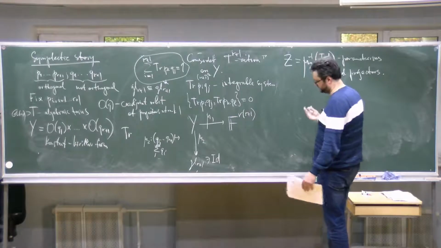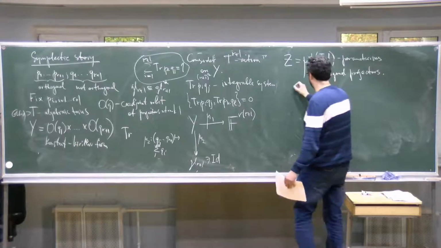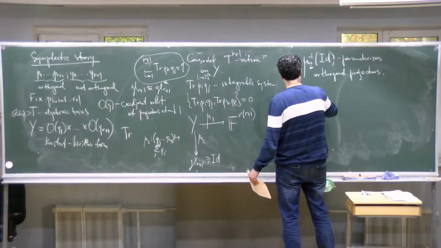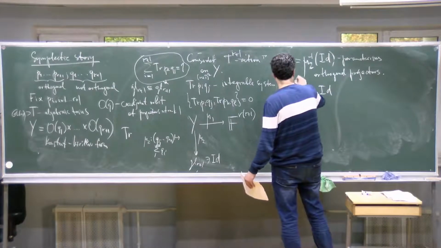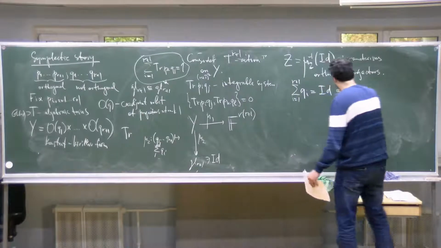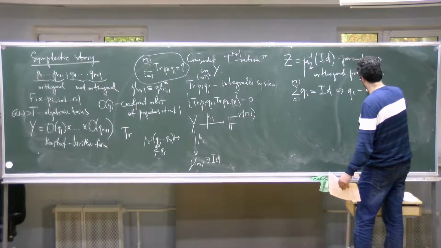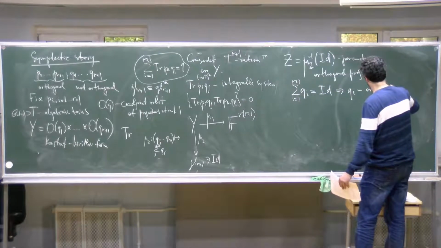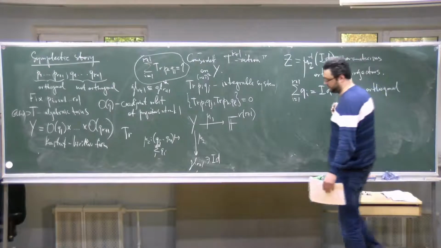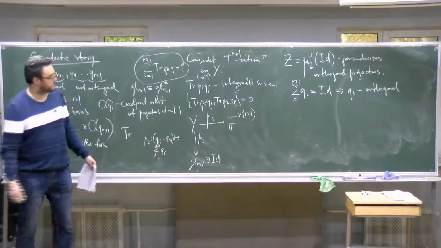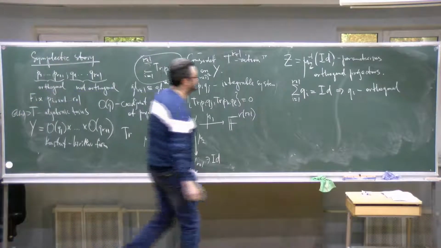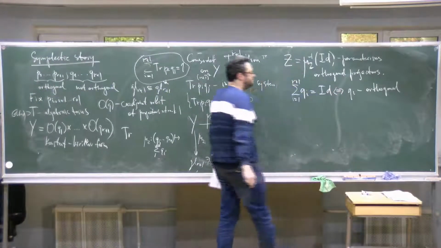It is a well-known fact from linear algebra that if we have the following identity, then the q_i are orthogonal, if and only if.